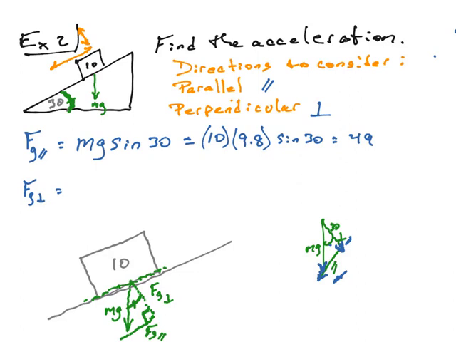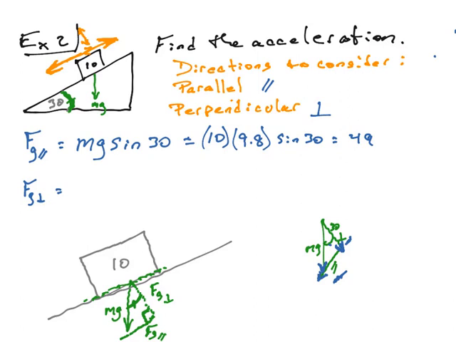You get to choose which side you want to make positive. So look at your ramp. In the parallel direction, you can either go down and to the left this way, or you can go up and to the right this way. So one of those is positive, one of those is negative, and it's up to you what you want to call positive.